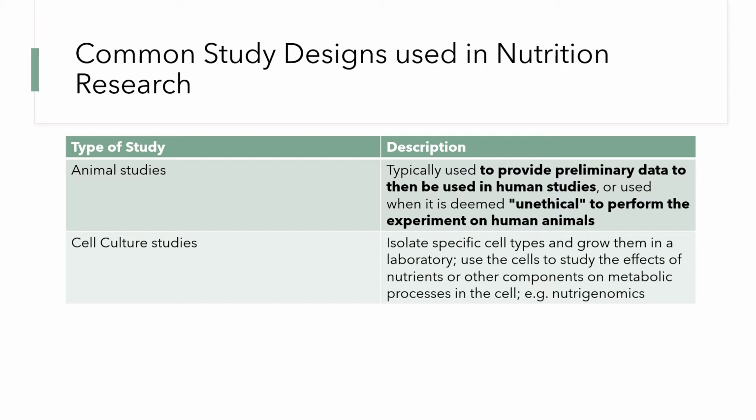So animal studies are usually used kind of earlier on, similar to epidemiological studies, but they're usually designed differently than an epidemiological study because you're not looking at full populations. You might be looking at a handful of rats. So these are used to provide very early data, and the results of that data can then be used to design a human study.